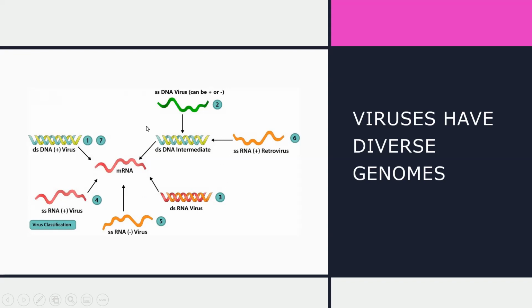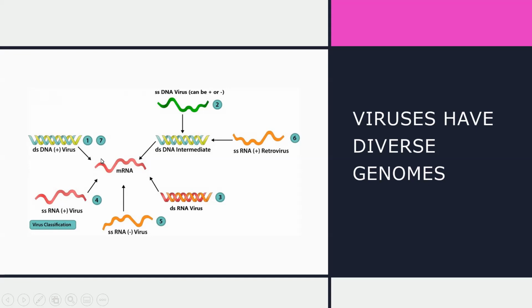And then we can have retroviruses, which actually go from an RNA back to DNA. So that's something that doesn't happen in eukaryotes or prokaryotes either, right? So it's always DNA to RNA to protein. And so here we can just do RNA to protein. We can also do RNA to DNA to RNA to protein.